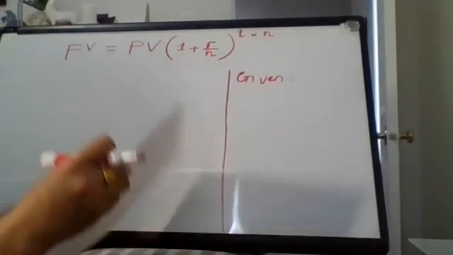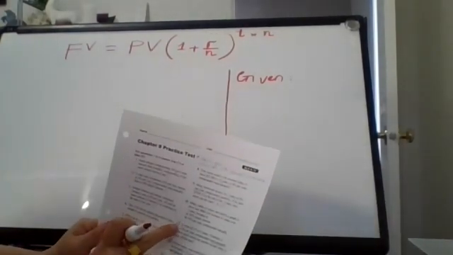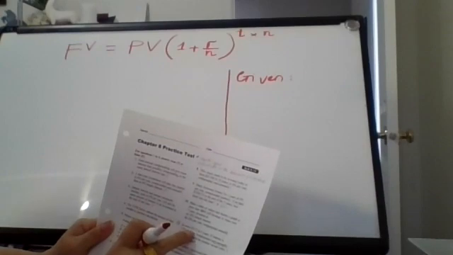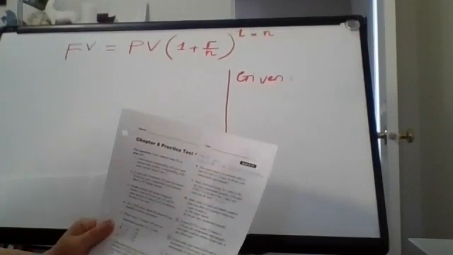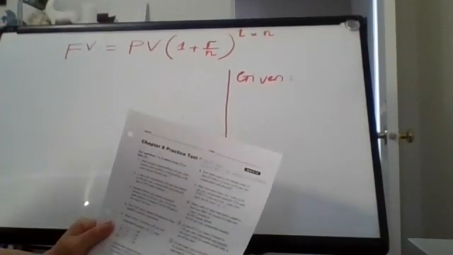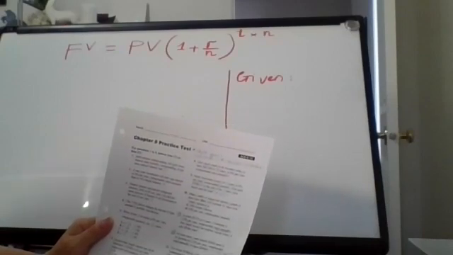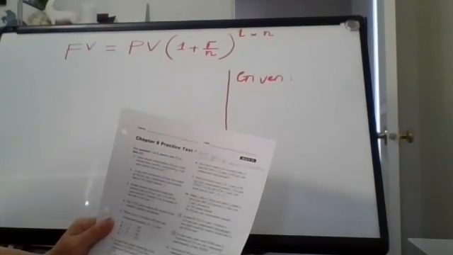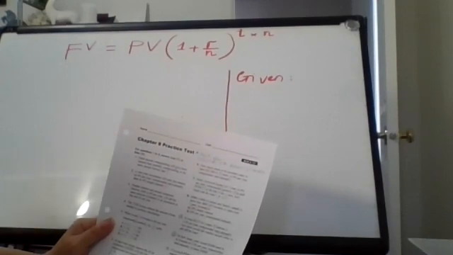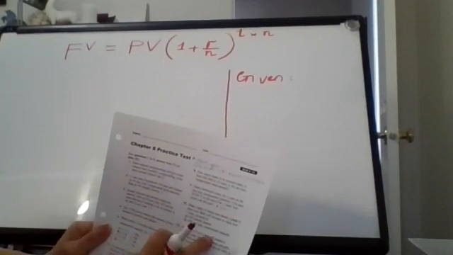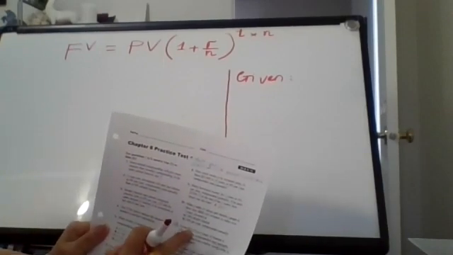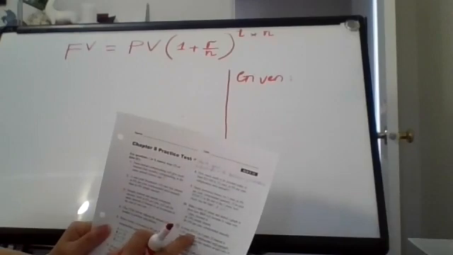When I read it, I have to realize that when they say Joe owes $3,175 in 4 years, I question myself, is that the present value or future value? To my understanding, Joe owes 3,175 in 4 years. They say in 4 years, it means after 4 years, he will owe this amount. So to me, that's the future value, right?